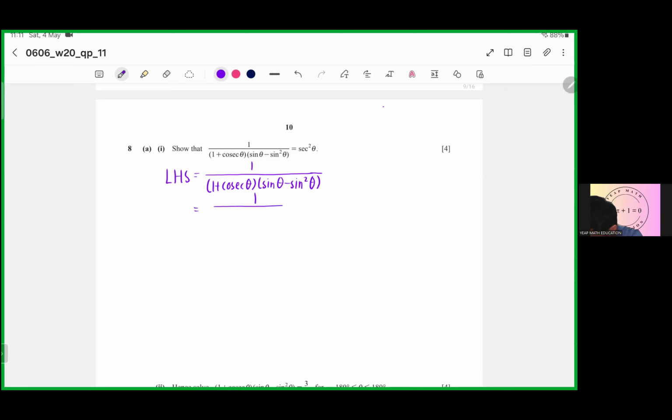Okay, we can factorize this part. Sine theta, and then bracket for this part. We can write 1 over sine theta plus 1 over sine, and then here we write 1 minus sine. Okay, and then for this part we can factorize.